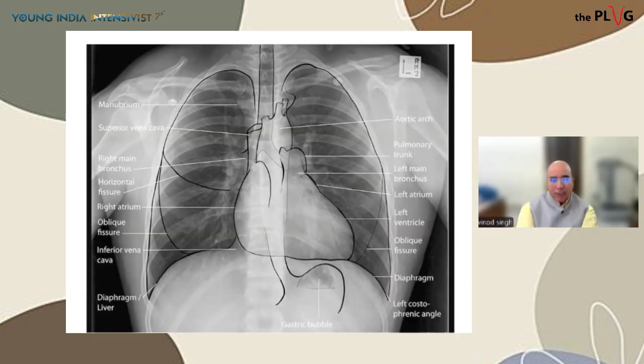Also, you can have some idea about the IVC, which is touching the base of the right heart. Obviously, you can see the right hemidiaphragm and the liver and the left hemidiaphragm, and also you can see the gastric bubble. So these pictures of the normal X-ray you should keep in mind when you are trying to understand what is happening to your patient in the intensive care unit.